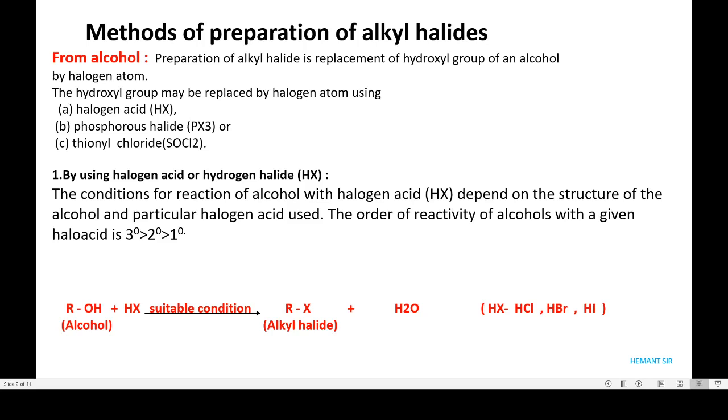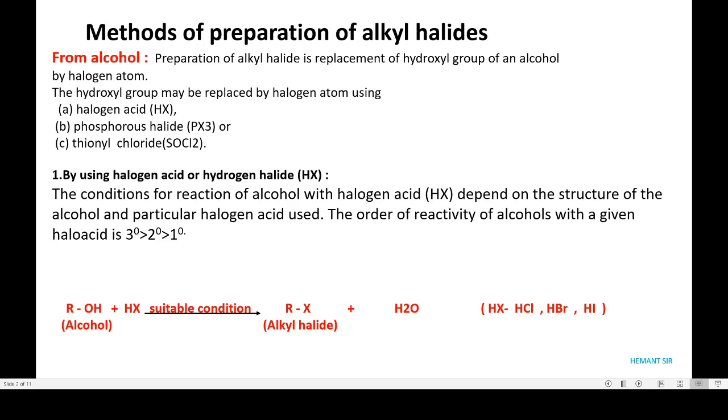This primary alcohol reacts with HX. Here H stands for hydrogen and X stands for halide. With a suitable condition, the resulting product is alkyl halide, where R stands for alkyl and X stands for halide, plus water. The bifurcation is given in the bracket. HX means HCl, HBr, HI.